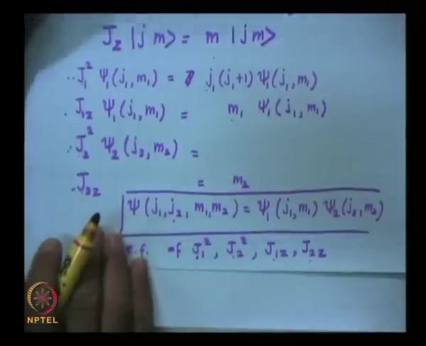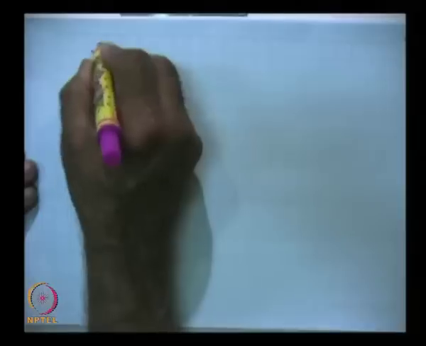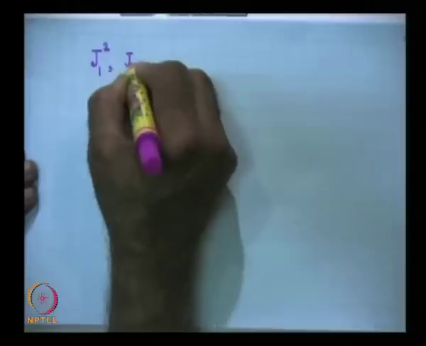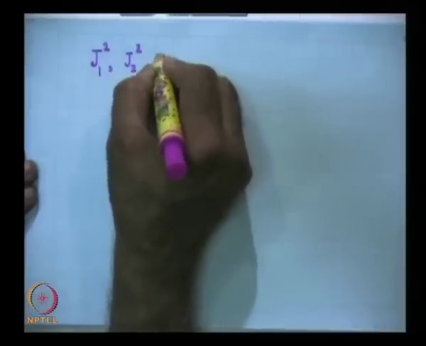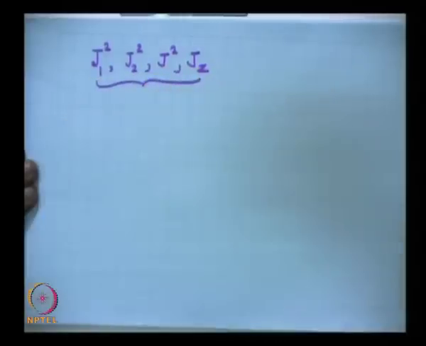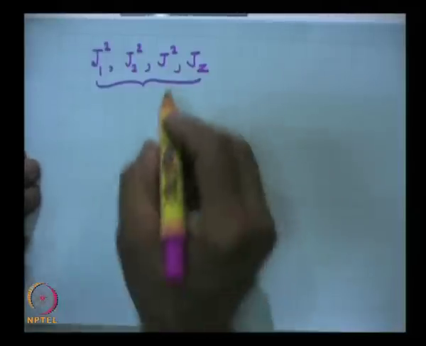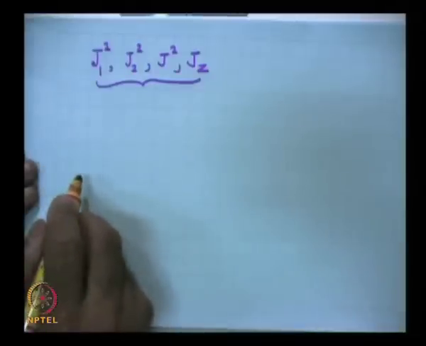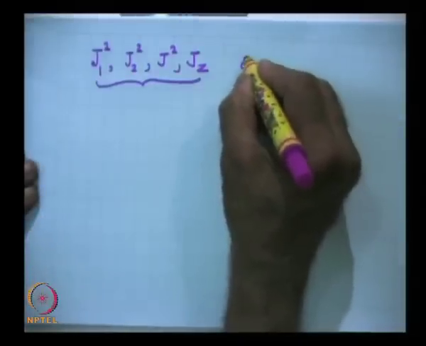Now, similarly, I leave it as an exercise for you to show. It is really simple, maybe I will show it slightly later, that the operators J1 square, J2 square, J square and Jz also commute with each other. And therefore, one can form simultaneous eigenkets, which we will denote by phi function.